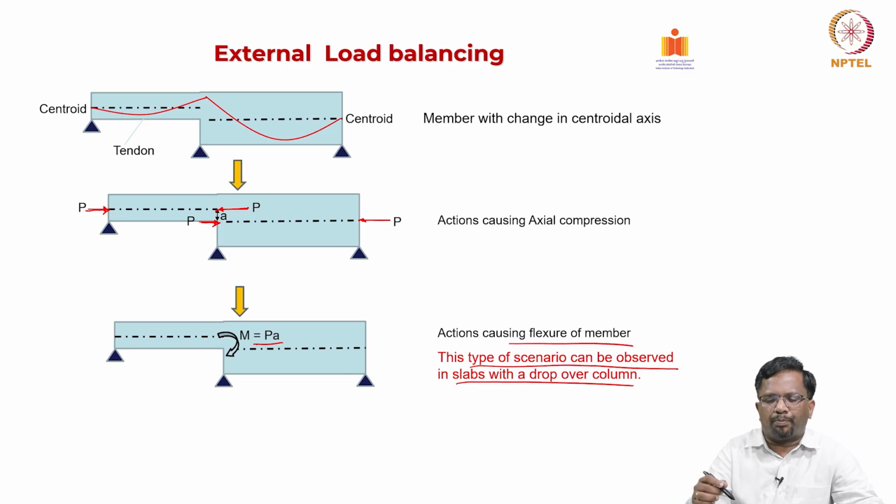So, when the CG of the members is changing, we can use the extended load balancing concept to model the change in geometry by decoupling the pre-stressing effect into axial and flexure.